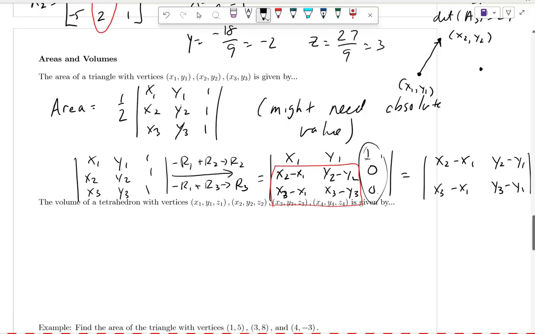You subtract. Yeah, this would be x2 minus x1, comma, y2 minus y1, isn't it? Likewise, if this is x3, y3, again, we just subtract again, don't we? Yeah.